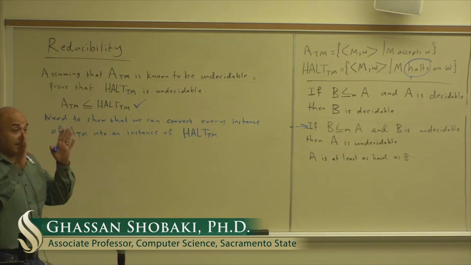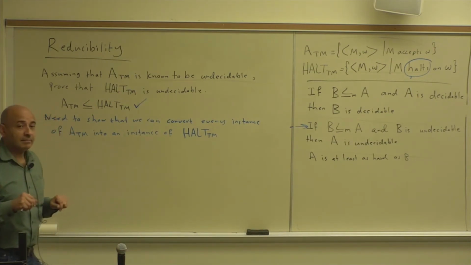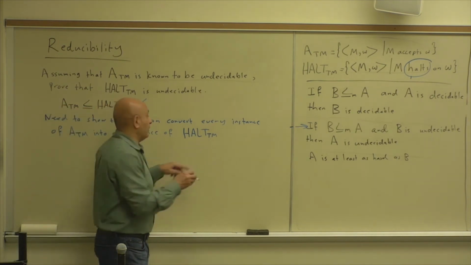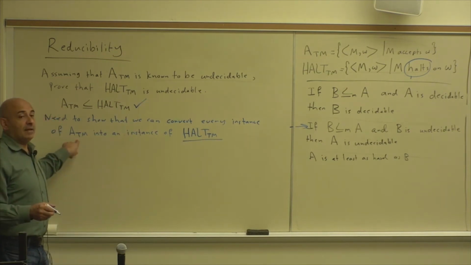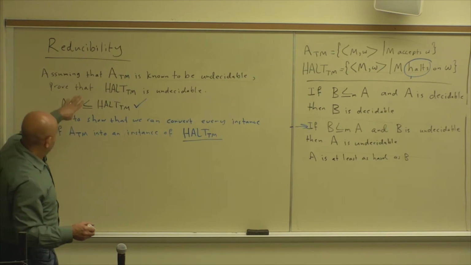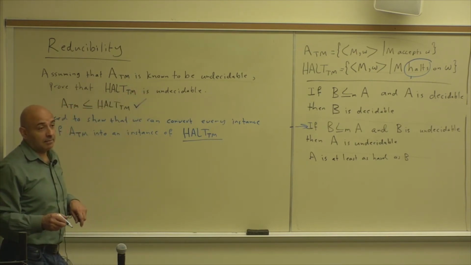So assuming that I have a solver for halt TM, I can use it to solve ATM. So I'm going to show that if I assume that I have a solver for this, I can solve any instance of this. And then this will contradict what is given, which is ATM is not solvable.